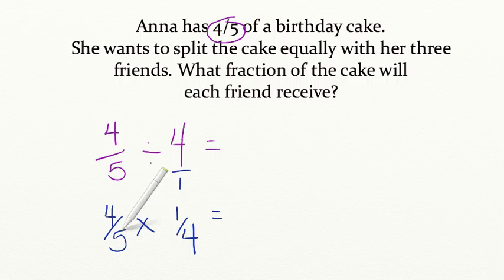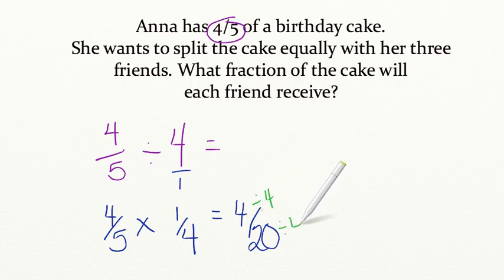So now I can multiply across. 4 times 1 equals 4. 5 times 4 equals 20. And I can actually take this one step further because we can simplify this fraction. If I divide my numerator and denominator by 4, I can simplify this down to 1/5. That means that each friend will receive 1/5 of the birthday cake.